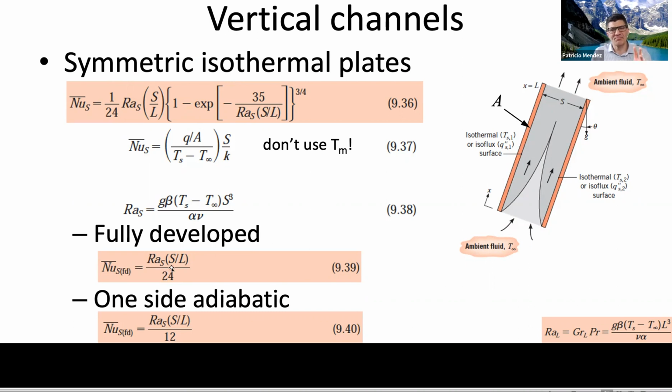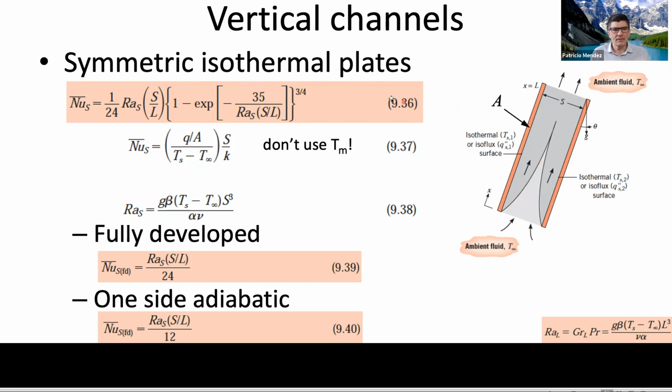So this is the fully developed value. And this other part, 1 minus exponential of something, inside the brackets is some sort of a correction factor derived analytically for the entry length.